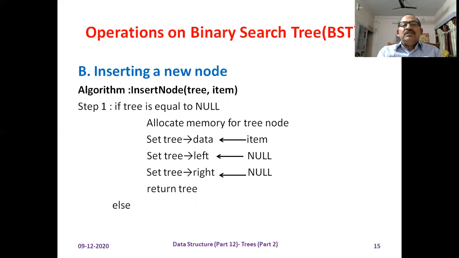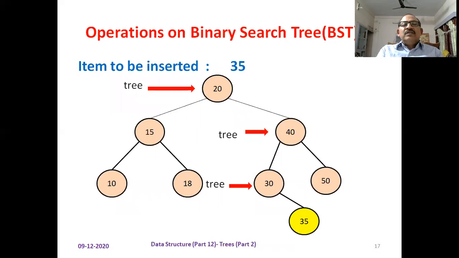Item is, you can see, 35. And we set tree left equal to null and tree right equal to null and return tree. We have finished inserting this 35 into the existing binary search tree. Here you can see we set the left and right child of this 35 to null.